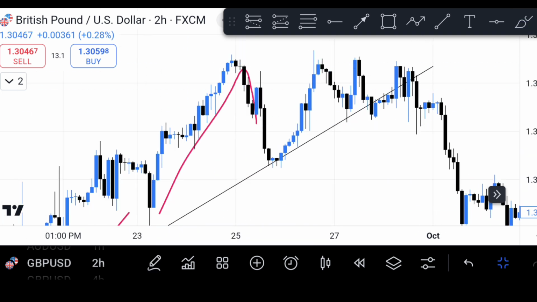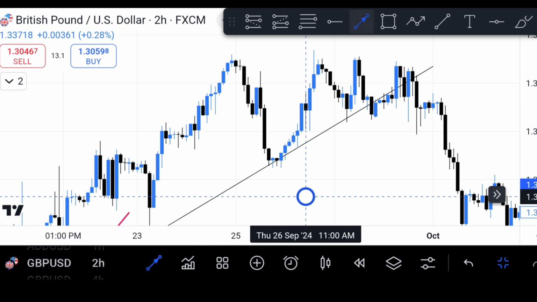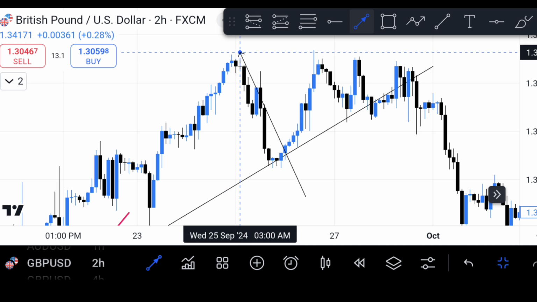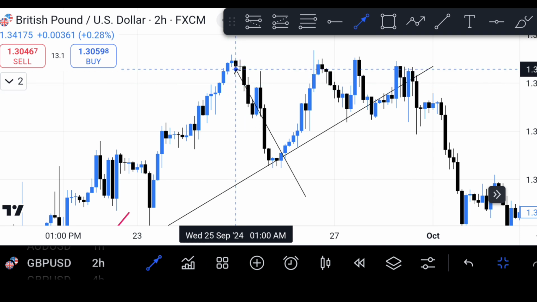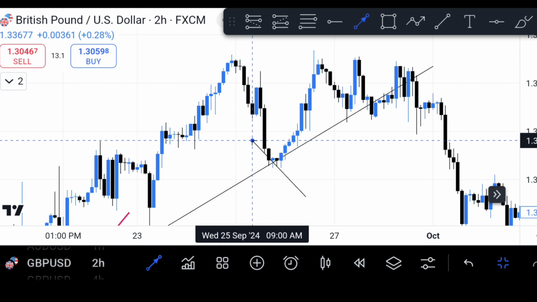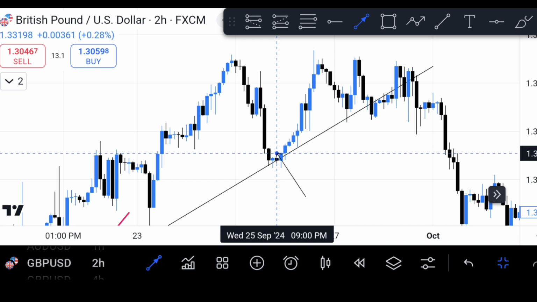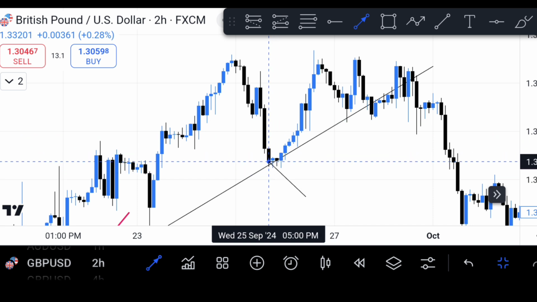When price was retracing to the downside, look at the candles that were forming. The candles were very big, fat candles, indicating there's strong volume, strong volatility, and strong momentum in the market, until price got to the trend line. When price got to the trend line, look at the candle that was forming. This small candle formed here.